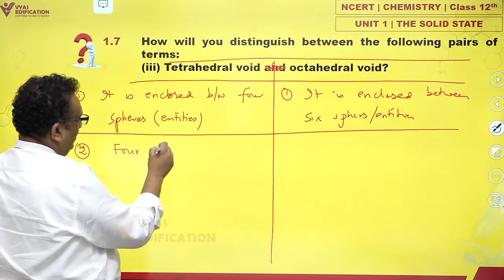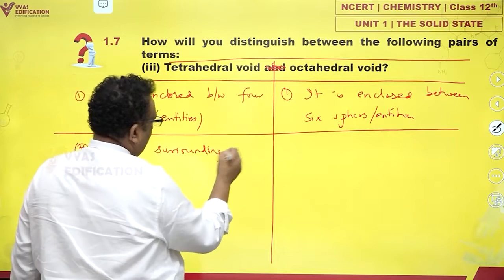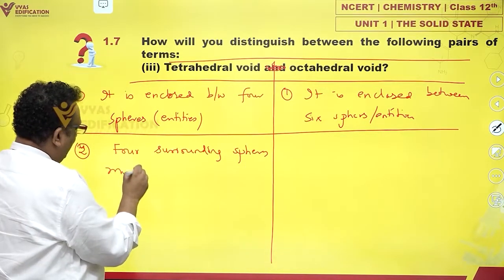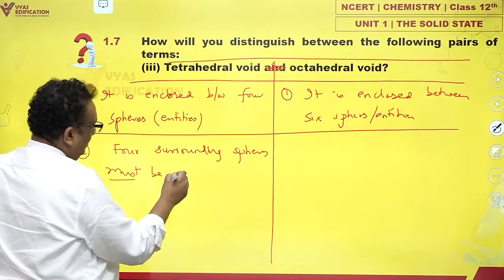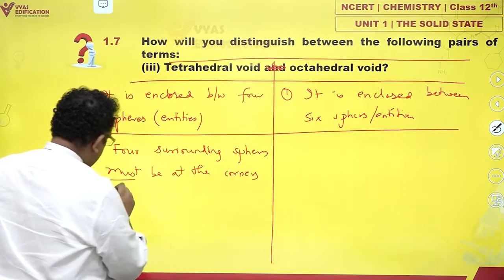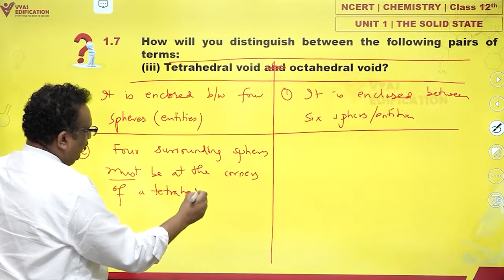The 4 surrounding spheres must be at the corners of a tetrahedron.